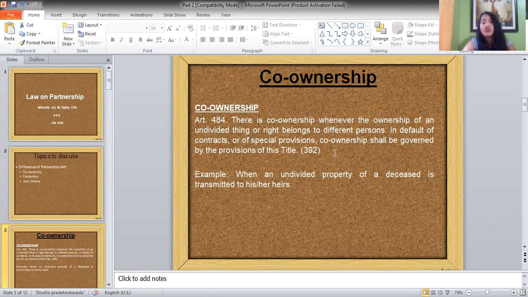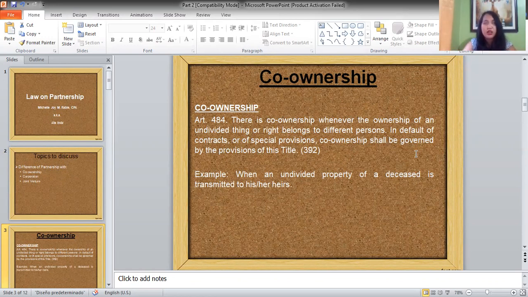In default of contracts or of special provisions, co-ownership shall be governed by the provisions of this title. An example of this is when an undivided property of a deceased is transmitted to his or her heirs, diba? So there is co-ownership: there's an undivided property, and it belongs to different persons.